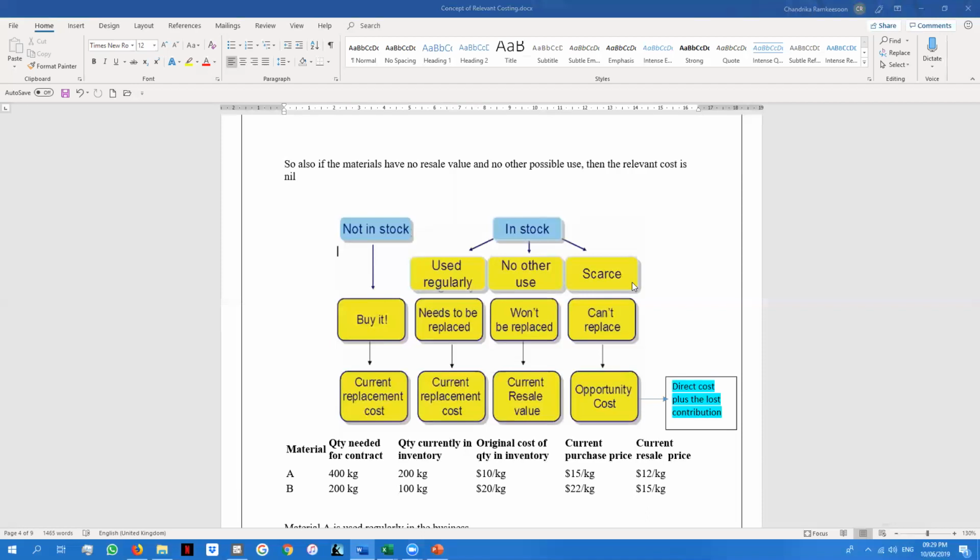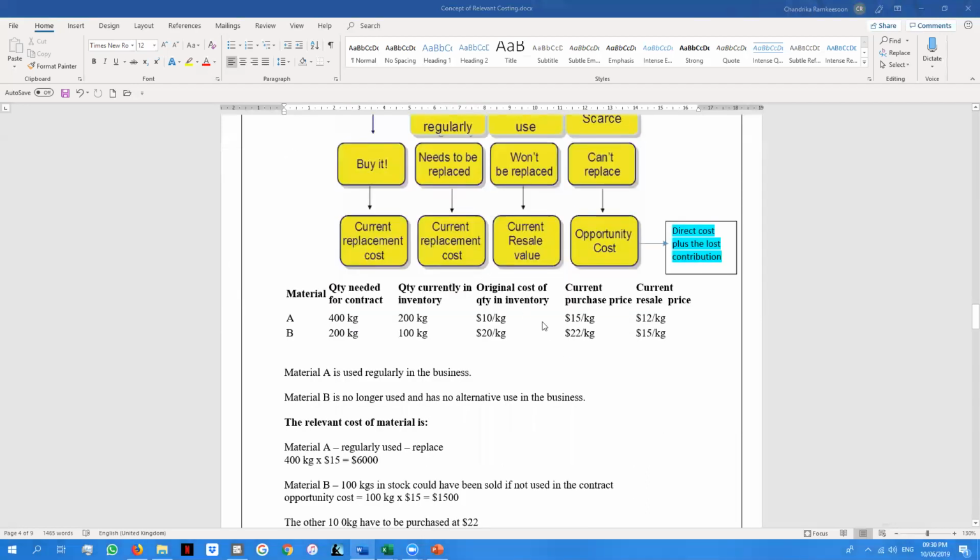Because right now these materials are scarce, and every unit of material I use on your job means I cannot use it on what I normally do, and it means I am losing out some money. We will call that lost contribution. And you're going to have to pay me something extra then. The extra would be calculated as the lost contribution from not being able to use the material in the next best profitable way. In other words, the lost contribution is an opportunity cost. Remember, an opportunity cost is the best alternative foregone.